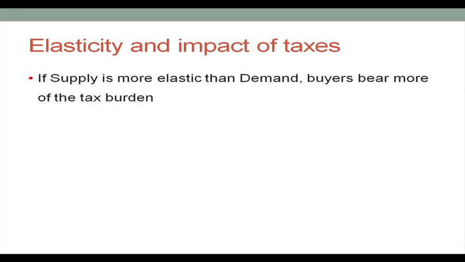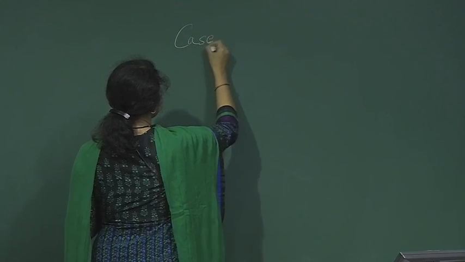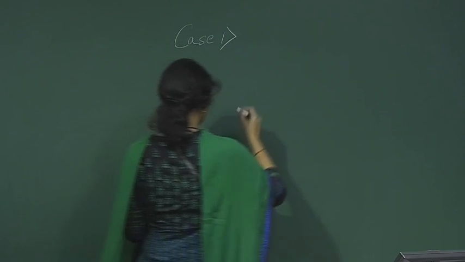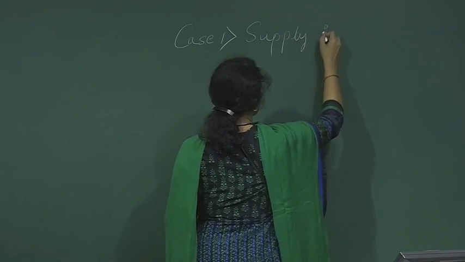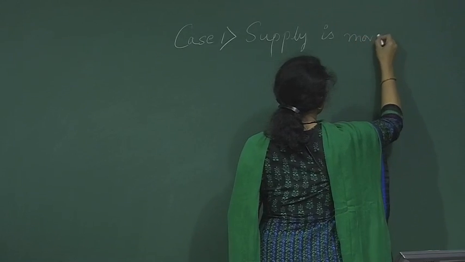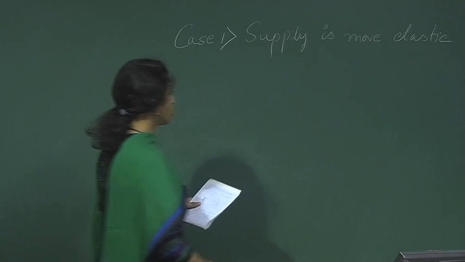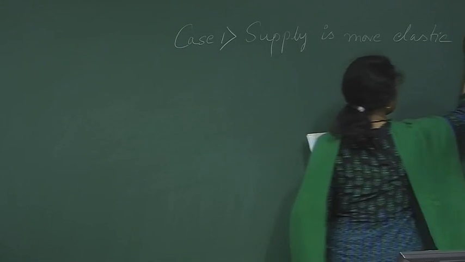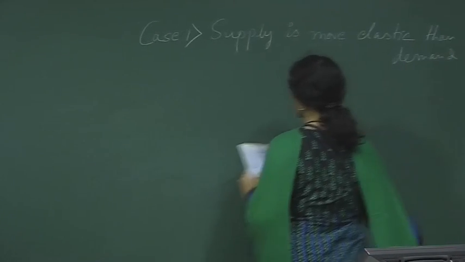And let me illustrate through an example. Let me show on the board why that is so. So we are talking about a case. Case 1 is supply is more elastic than demand.